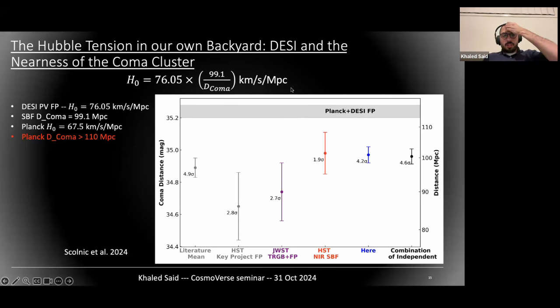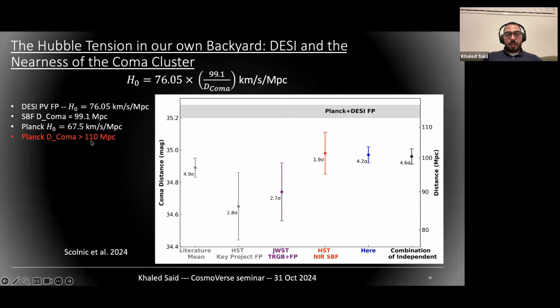Basically, what they did is they used this equation here. They took our H naught value and the distance to Coma that we used for calibration, and they said, okay, if we substitute Planck's value for H naught here, what distance to Coma would Planck's value give?